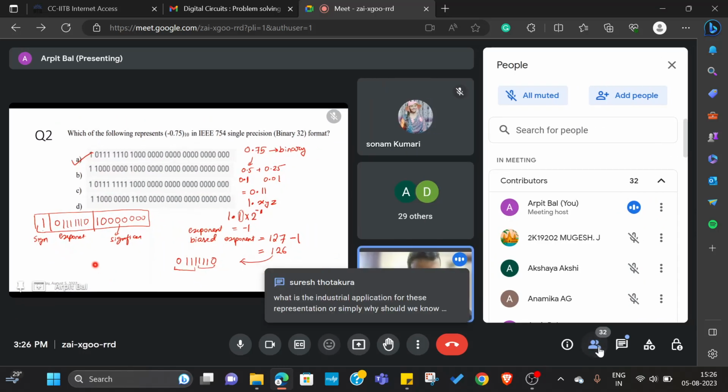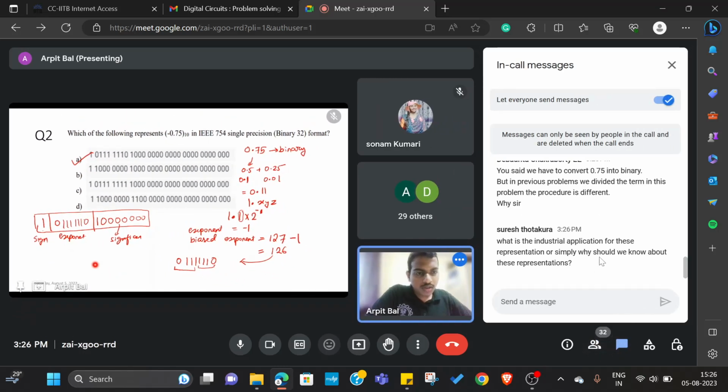Okay, we have one more question: what is the industrial application for this representation, or simply why should we know about these representations? I can tell you about one such application. Let's say you are a DSP engineer and you have to make a filter.